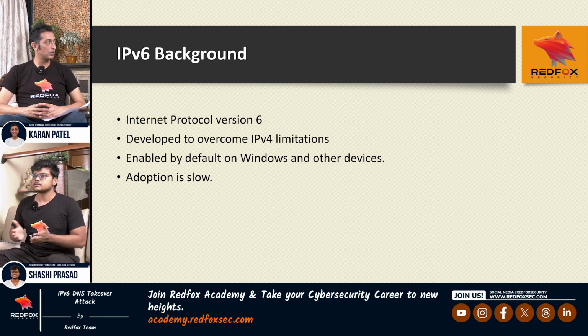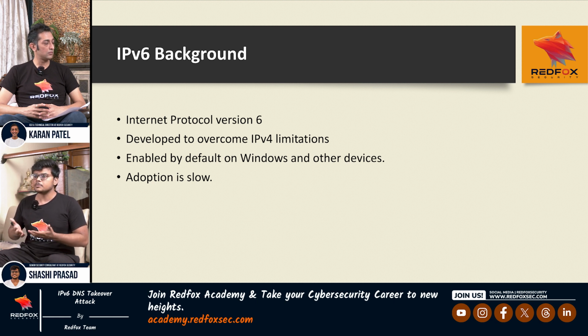It also has other advantages. That's why, to make it future ready, Windows has enabled it on their systems. So when a Windows system comes to us, it is enabled by default. But the adoption of IPv6 is very slow. Network administrators are still using IPv4 to manage their network.